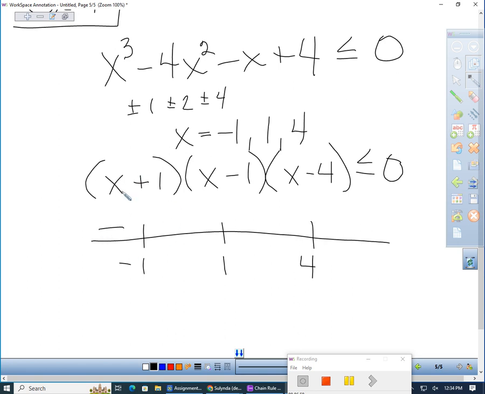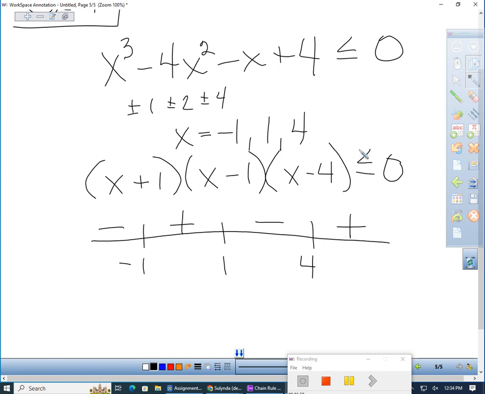If I put a 0 in there, I have a +1 times a -1 times a -4. What am I going to have? Positive. If I put like 2 in here, I get positive in the first one, positive in the second one, but negative in the third one. Yep. If I go greater than 4, like 10, they're all going to be positive.